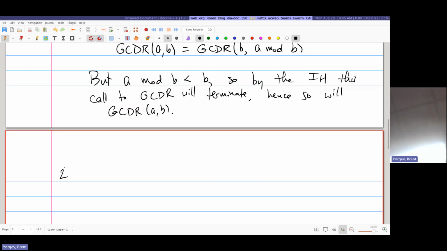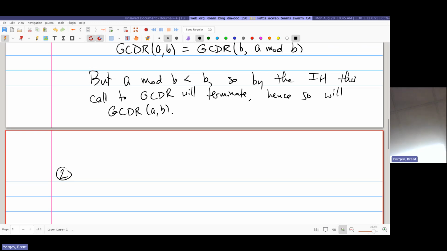So step 2, we're going to prove that it's actually correct. Now, what do we mean that it's correct? Well, in this case, we have in mind the mathematical definition of what GCD is. I'm going to write that with lowercase gcd.